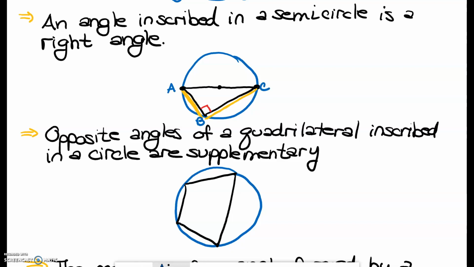The arc that it intercepts, here's your two endpoints, this arc right here, I'm going to draw it in red. Since this is a diameter going across, the measure of this arc is 180 degrees. Since the inscribed angle is half the measure of the intercepted arc, this must be 90 degrees, meaning it has to be a right angle.